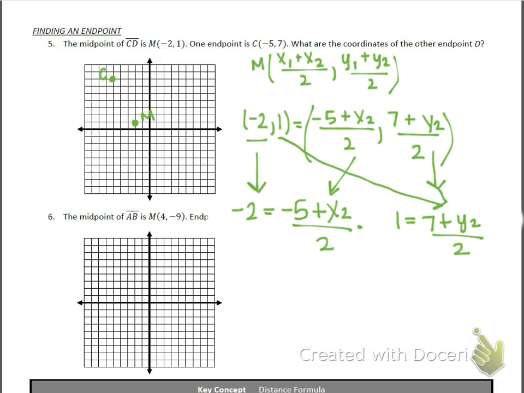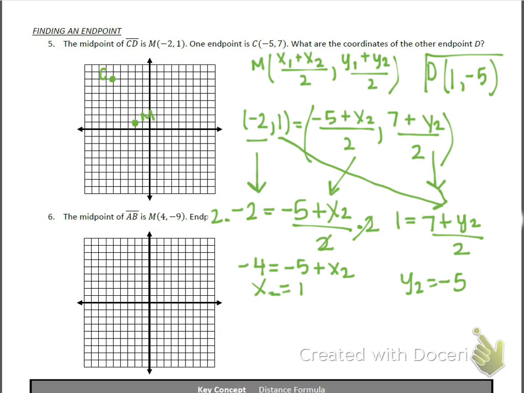To solve, we multiply both sides by 2 to start, because that undoes the divide by 2. So -4 equals -5 plus x2. Add 5, and you get x2 equals 1. You do the same thing for the y's, and you should get that y2 comes out to -5. So the point D would be at (1, -5). And then you could graph it.